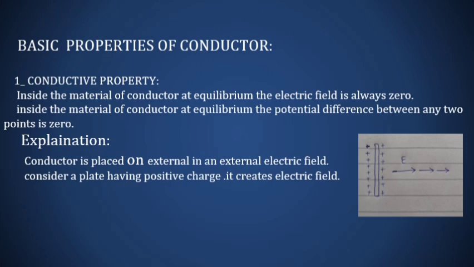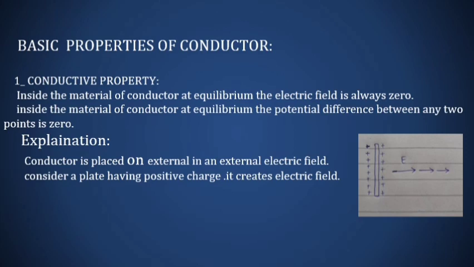The direction of electric field is always from positive to negative charges. So in this case, when we consider a conductor having positive and negative charges inside, an electric field creates, and its direction is always from positive to negative.